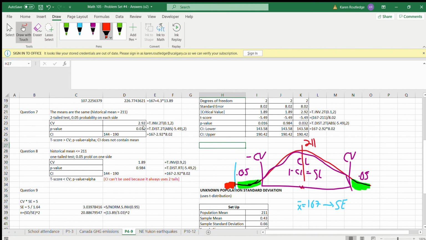There's only a 3% chance of having observed a sample mean of 167 under the assumption that the true long-term mean was 211. So tiny little part. So we reject the null hypothesis. And our conclusion based on the critical value matches our conclusion from the p-value.